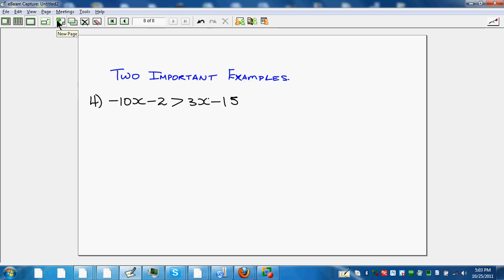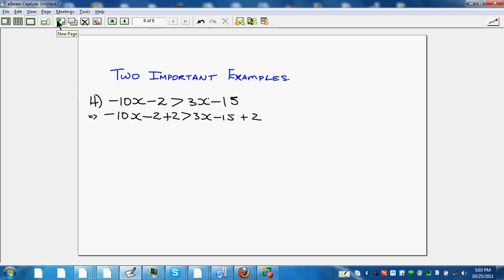Now, the first thing we'll do is get rid of the minus 2 on the left-hand side by adding 2 on both sides. So we end up with minus 10x minus 2 plus 2 is greater than 3x minus 15 plus 2. What we did, we add 2 on both sides.